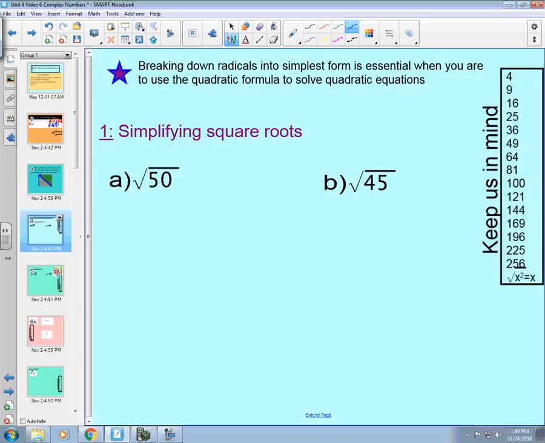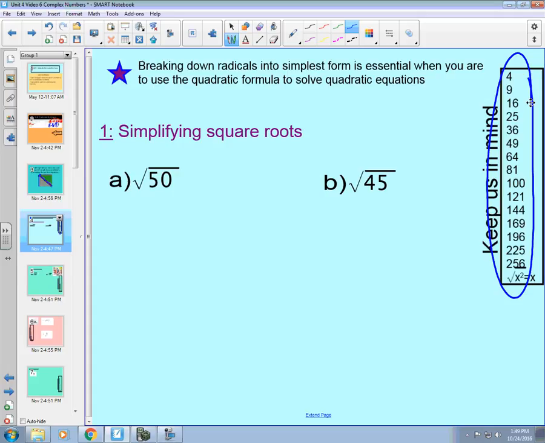Okay, so let's look at, on your note sheet, 1A here. We want to simplify that square root. So our goal is not to type in square root of 50 and write it as a decimal number. Our goal is to try to find any perfect square numbers in square root of 50 and write it as a simplified radical. So 50, we want to look: do any of these perfect square numbers go into 50?